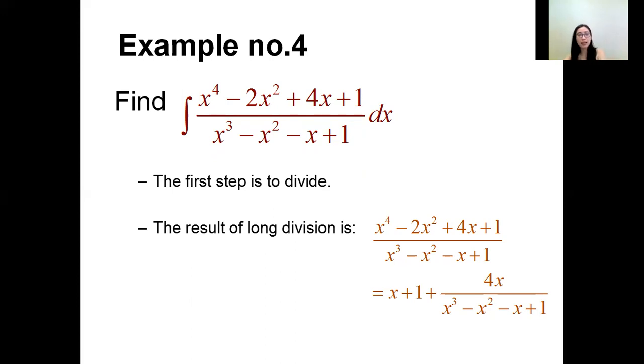Therefore, it is an improper function. So we perform the long division. We have x plus 1 plus 4x over x cubed minus x squared minus x plus 1.